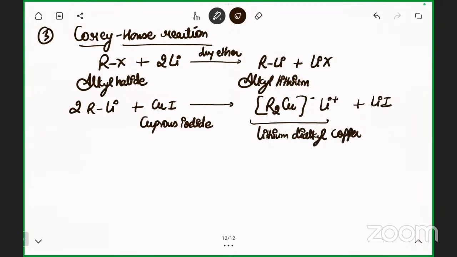This is called lithium dialkyl copper, and this is known as Gilman reagent.